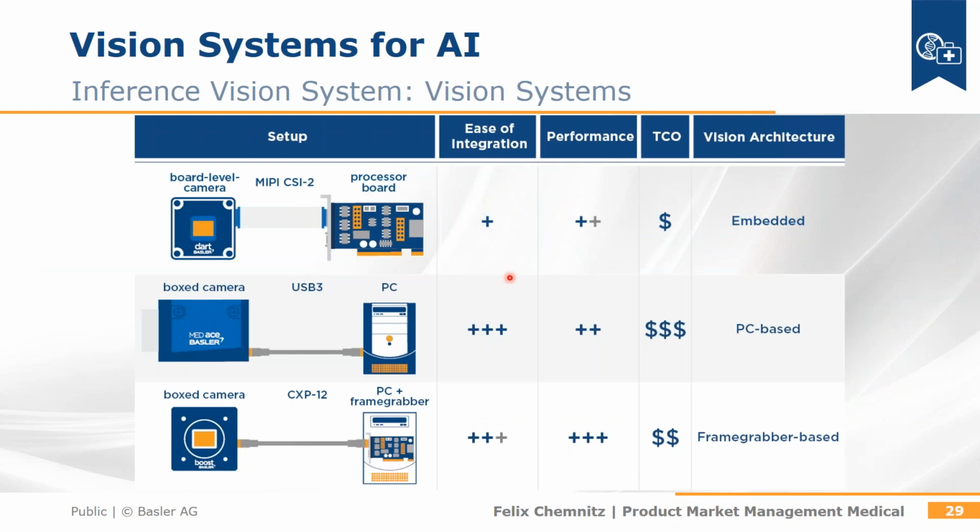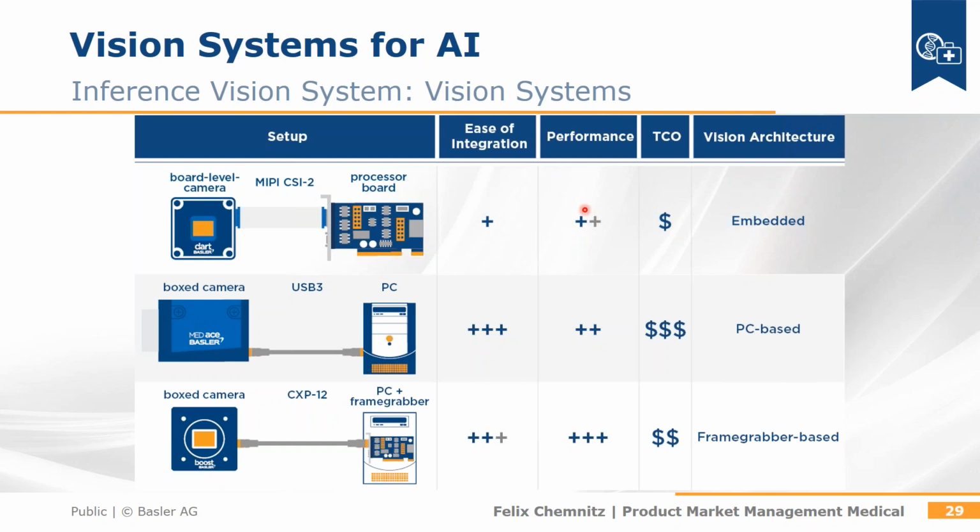To get to nearly my last slide, to compare all these vision systems for AI, we started with the embedded system for AI, which is kind of hard to integrate because you need to know what you're doing to get your own board design if you don't want to use the evaluation board itself, and you may need to make sure you're able to design a board, get it running with Linux, then include maybe some artificial intelligence acceleration chips on that board, if you can buy it from stock, which would boost your performance.